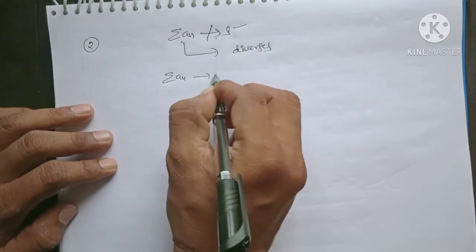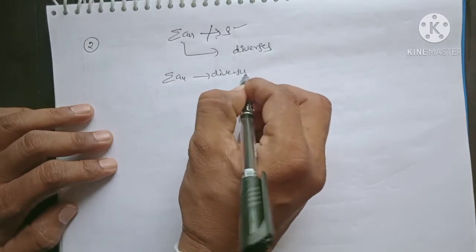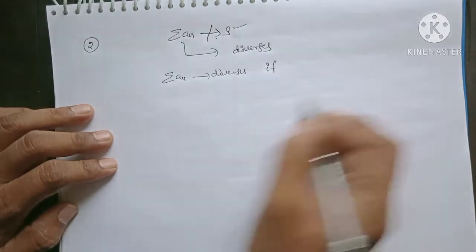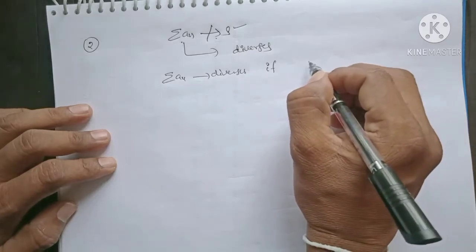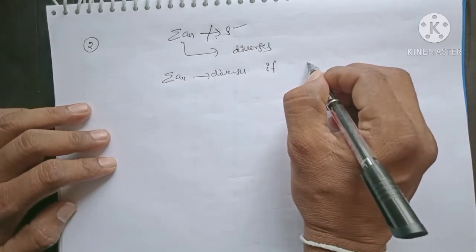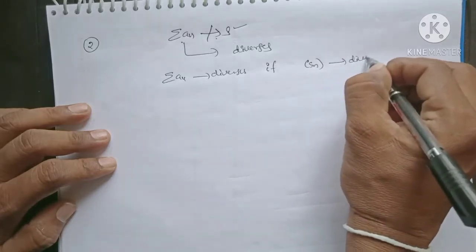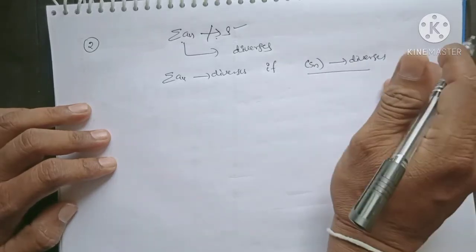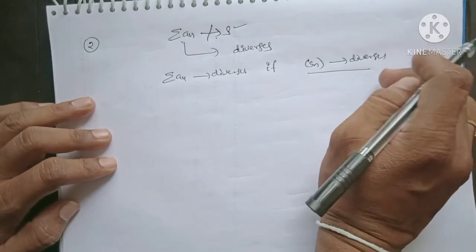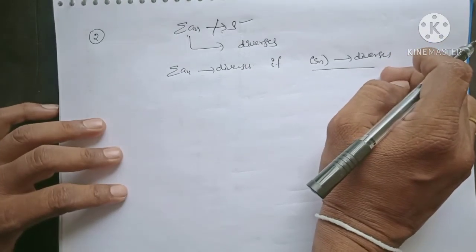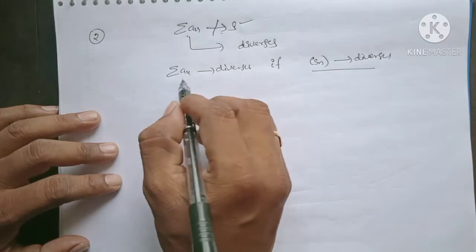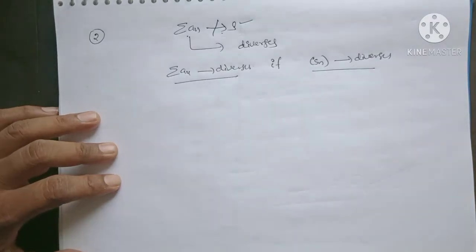Sigma an diverges if the sequence Sn of partial sums diverges. If the partial sum of the given series diverges, then the series is said to be divergent.